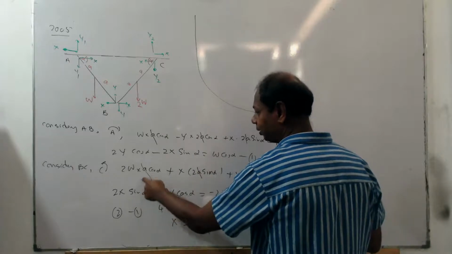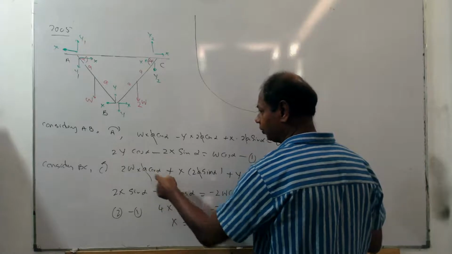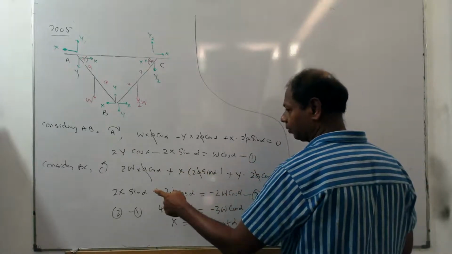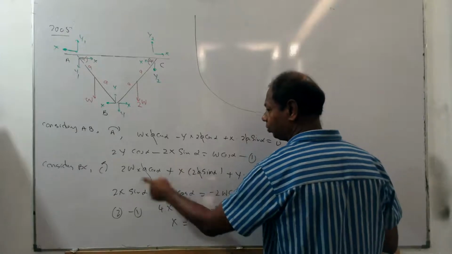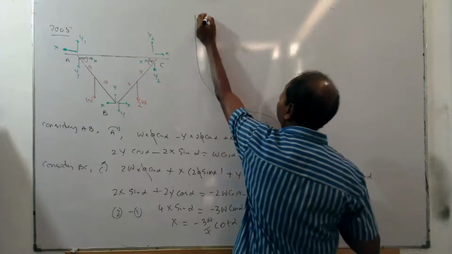You can subtract and get rid of x and find y. No, to find y, these two you add. This will get cancelled. You can find y. 1 plus 2.